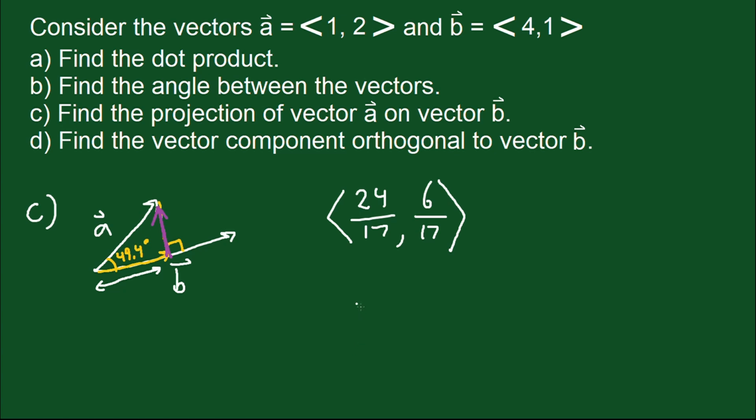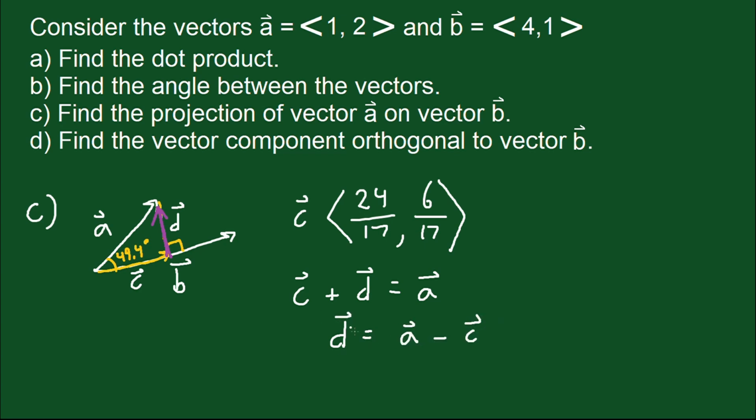Well, let's give everything a name, right? Let's call this here maybe vector C. So vector C is that yellow vector. And let's call this purple vector vector D. Well, you can see from this diagram that vector C plus vector D should give you vector A, right? We can say that vector C plus vector D equals vector A. If that's the case, and we want to find vector D, then vector D should be equal to vector A minus vector C, right?